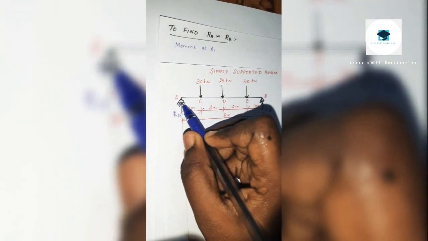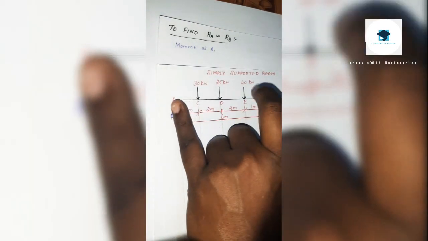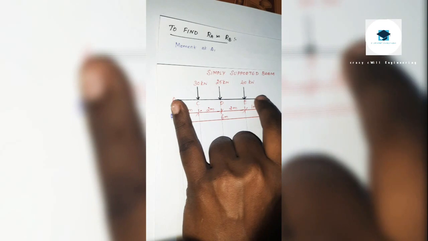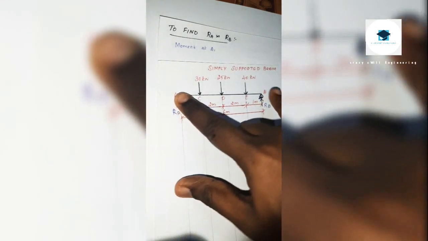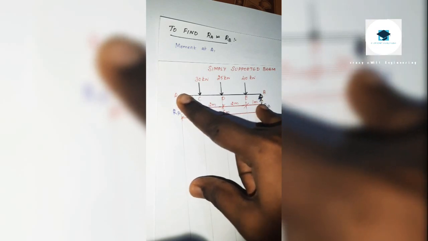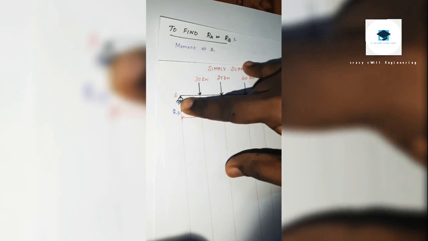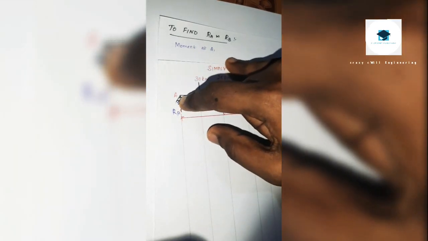First, moment at A. Place one finger at A and another finger at B. This reaction RB is upward direction, so it moves the beam towards A in anti-clockwise direction.